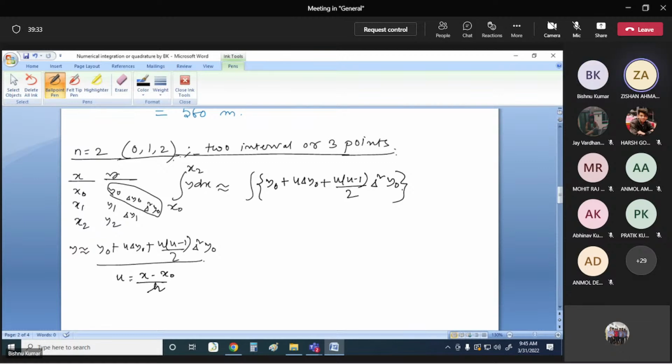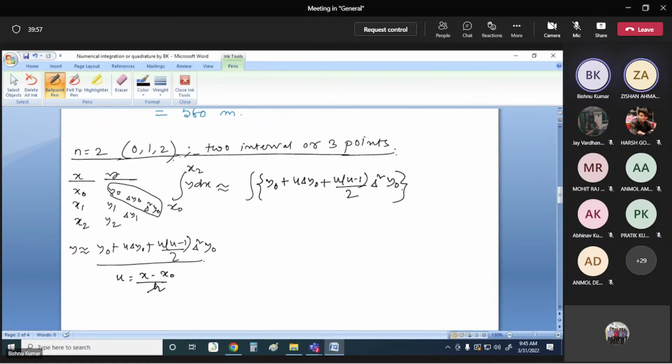Sir, can you please repeat it? Okay, these are equally spaced. So x1 is x0 plus h, x2 is x1 plus h, or x0 plus 2h. Like that, xn equals x0 plus nh.